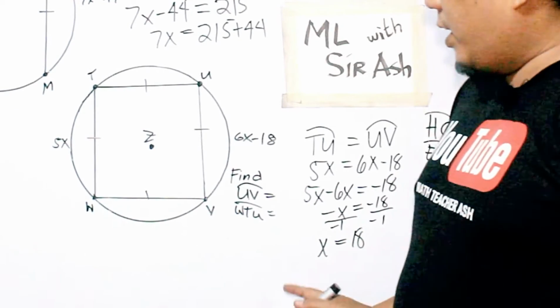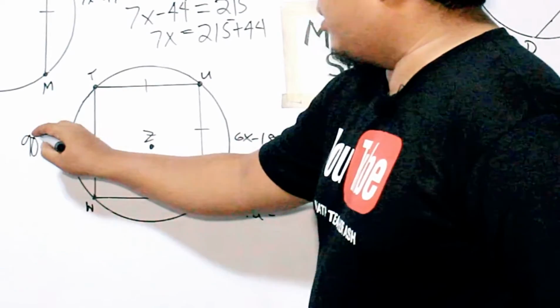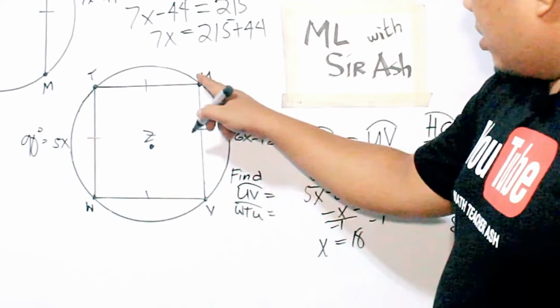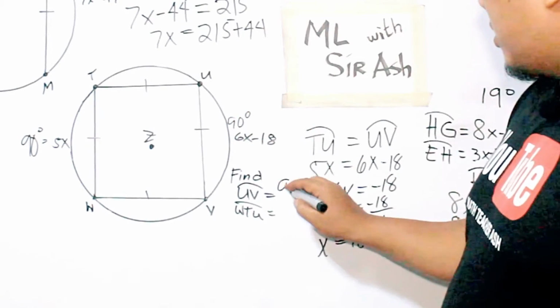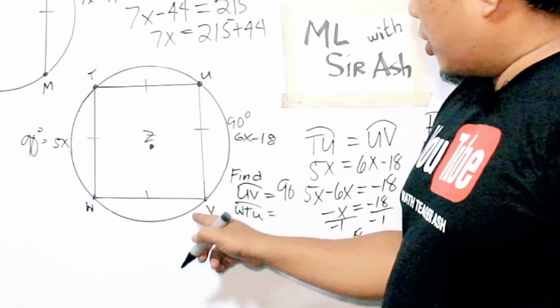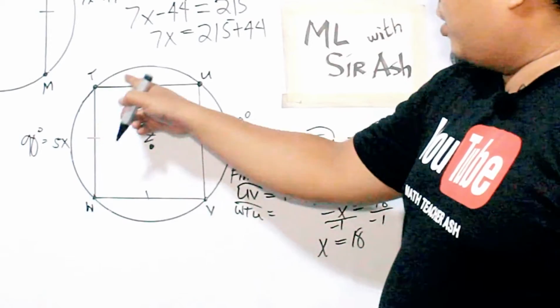Now, if this is 18, 18 times 5, that is equal to 90 degrees. If that is the case, then this UV here is also 90 degrees. Now, we have already answered the measurement of arc UV. How about arc WTU?